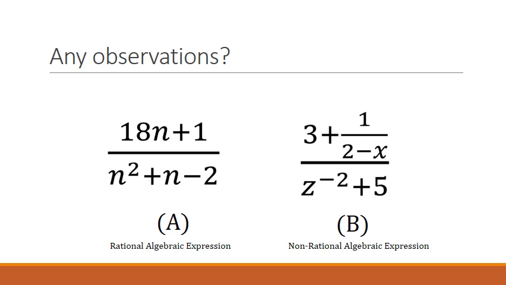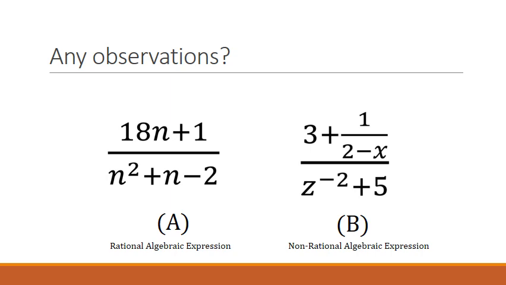Rational algebraic expression and non-rational algebraic expression are both in the form of the ratio between P and Q. They both have a numerator and denominator. Another similarity is that they contain either a variable, a constant, or both.